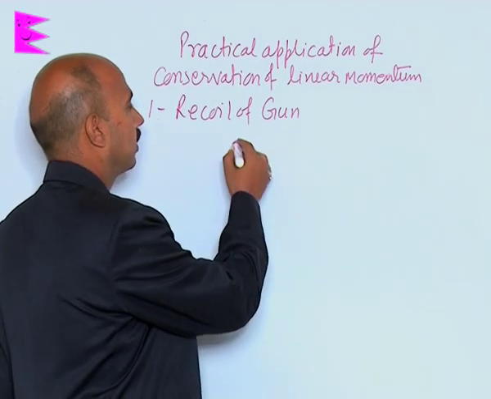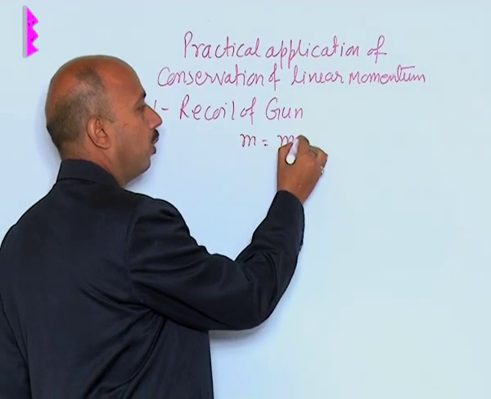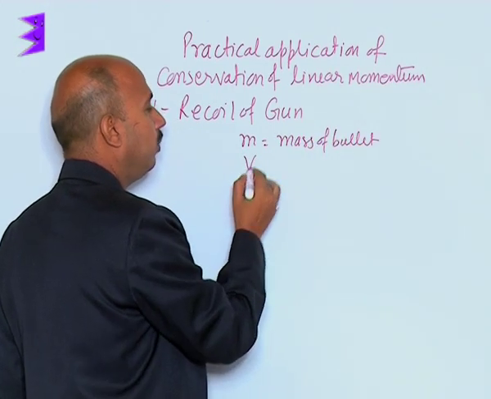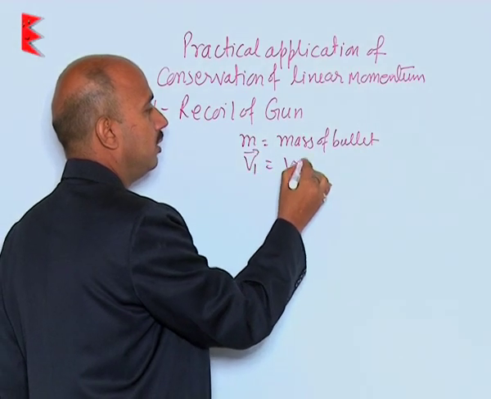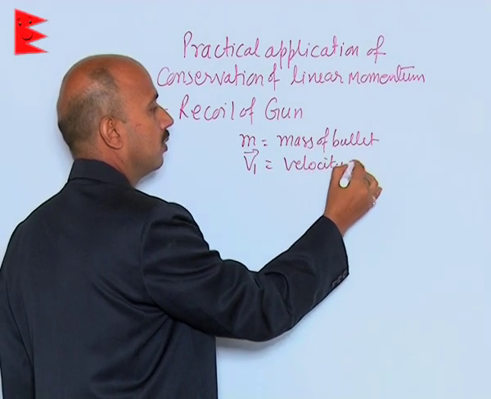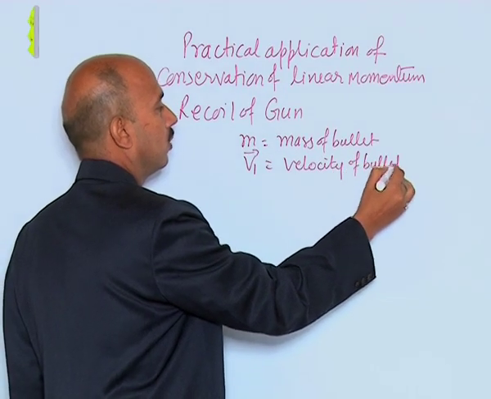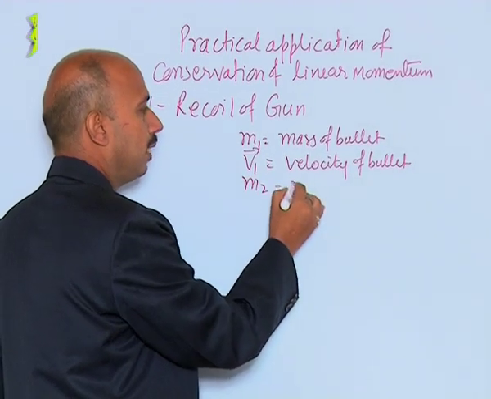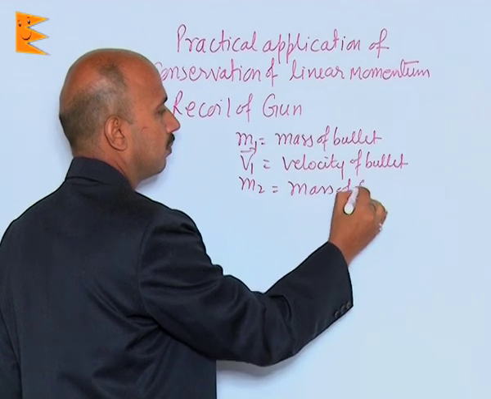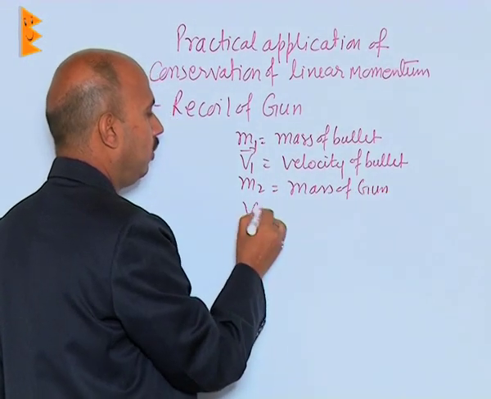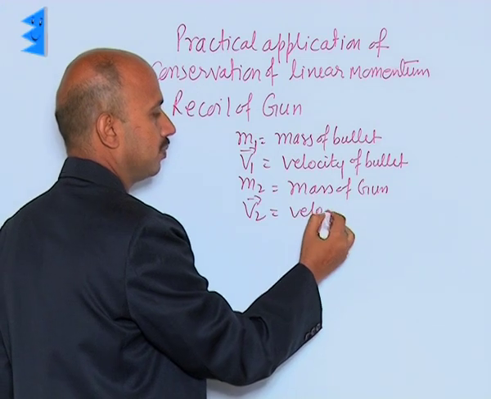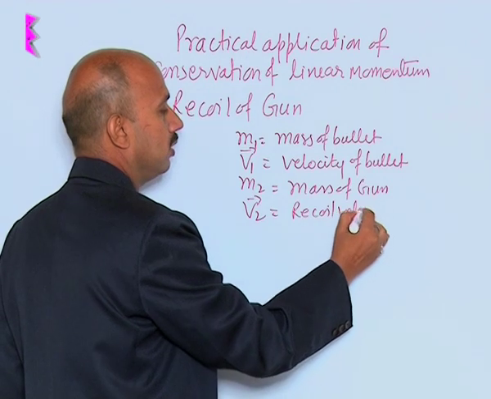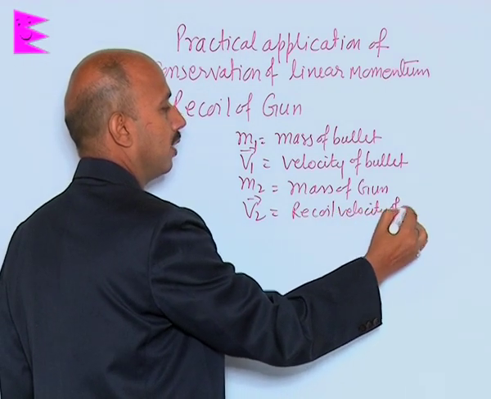Suppose m1 is the mass of the bullet and v1 is the velocity of the bullet. m2 is the mass of the gun and v2 is the velocity of the gun, which we can say is the recoil velocity of the gun.